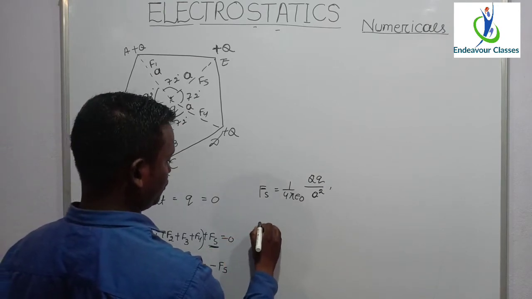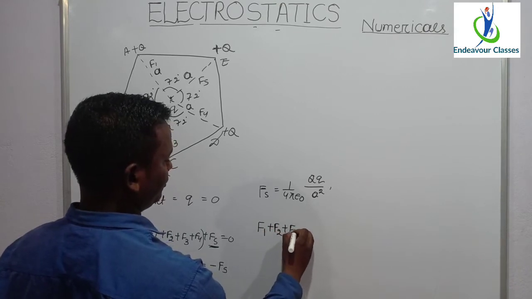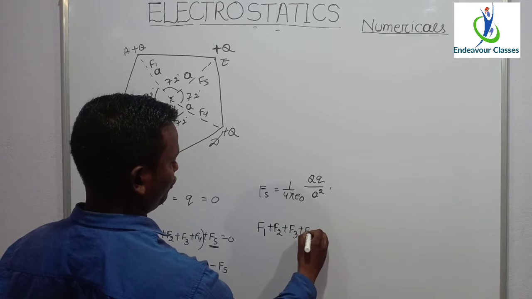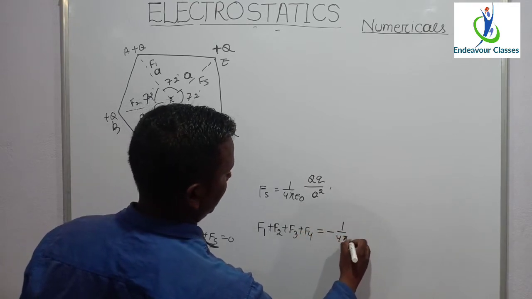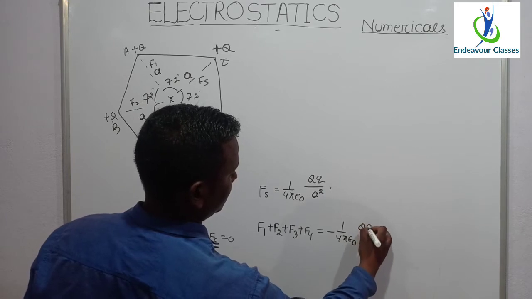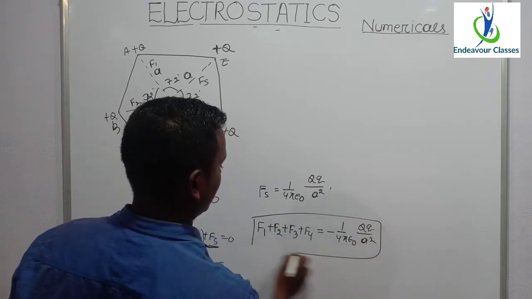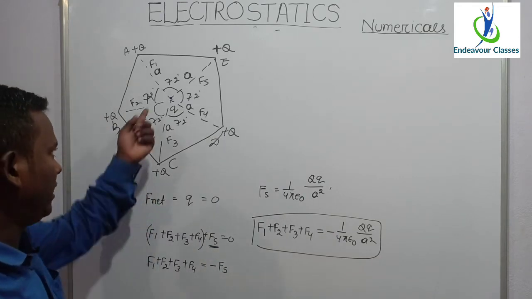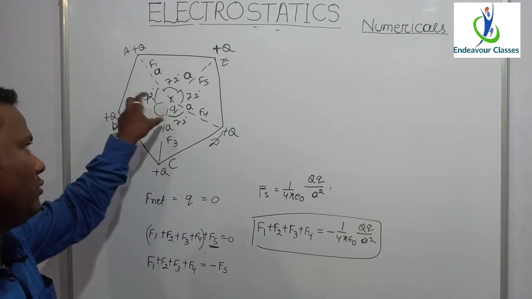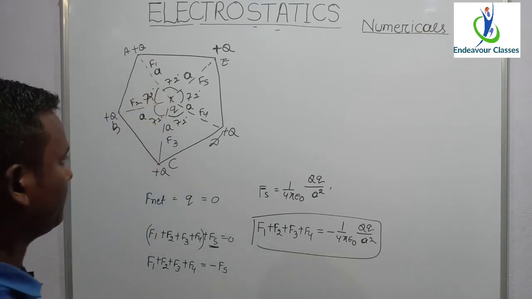So the resultant of F1 plus F2 plus F3 plus F4 will be equal to minus 1 by 4 pi epsilon naught q by A square. This is the easiest way of solving this problem, because if we take the magnitude of each force and calculate the resultant of these 4, the process will be too clumsy.